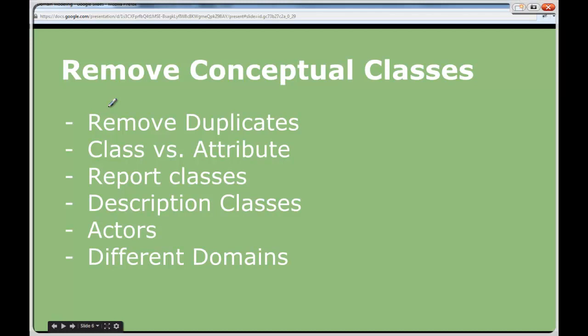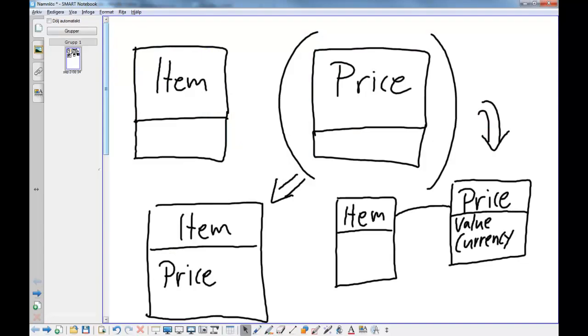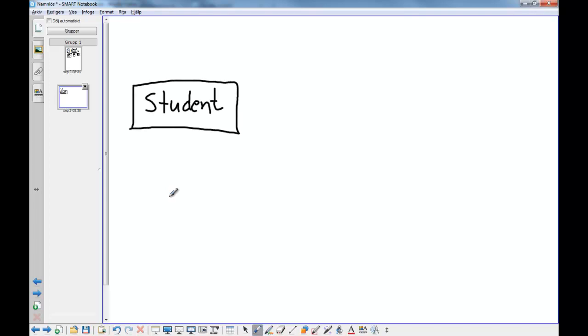We also have possible classes that are so-called report classes. And once again, I will do a small example. We could imagine that we have a student concept, and we have a course concept.